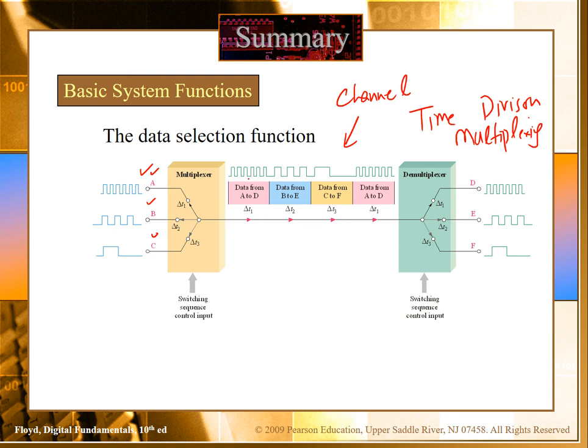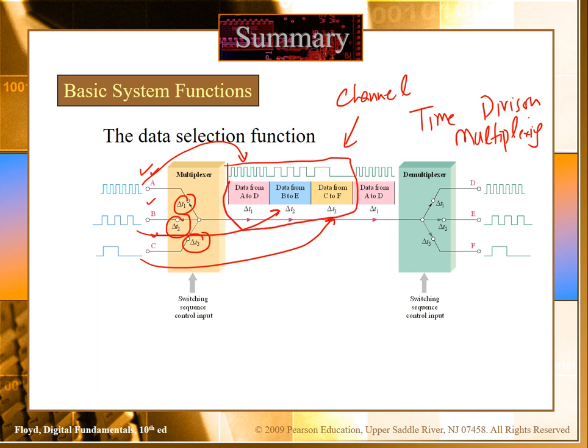Time division multiplexing is what? For example, for the first time period delta t1, you are just transmitting this stream. Then for the next time period, you are transmitting this one. Then for the next time period, you are transmitting this one. So basically 3 different kinds of data streams are multiplexed, gathered together at different time periods, and transmitted to your receiver.